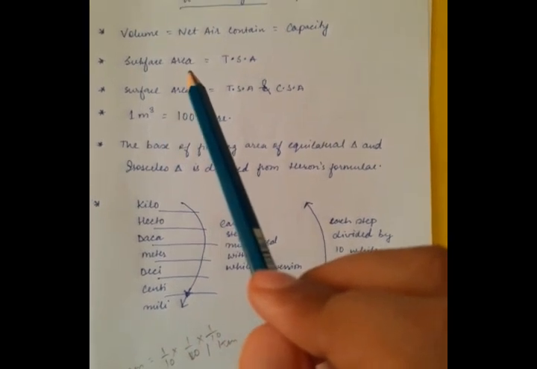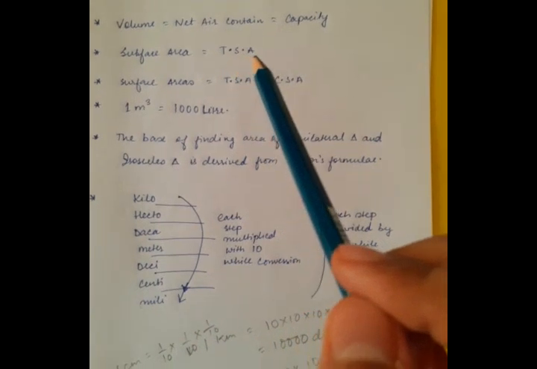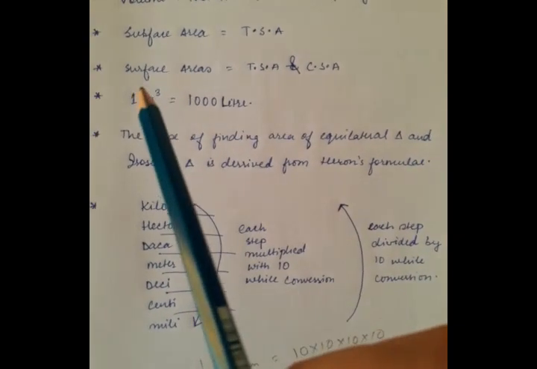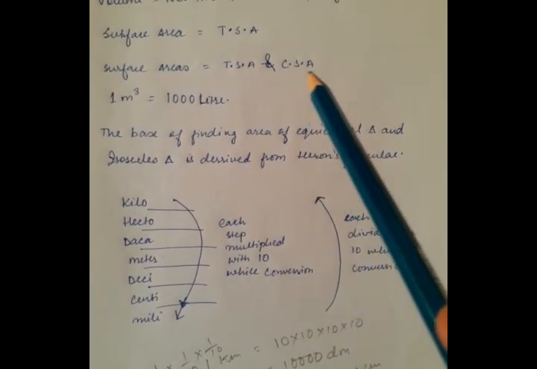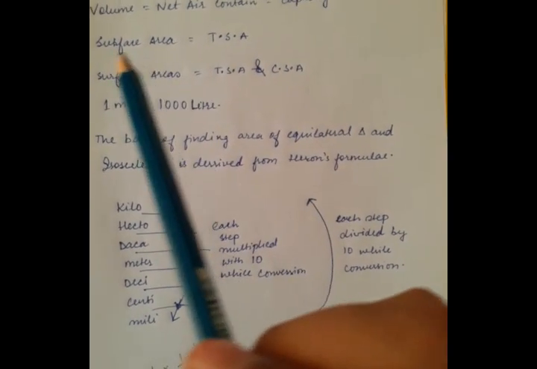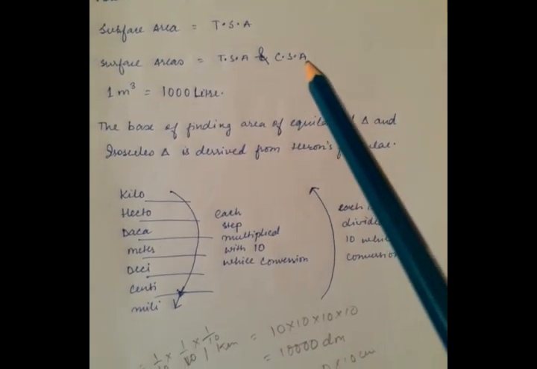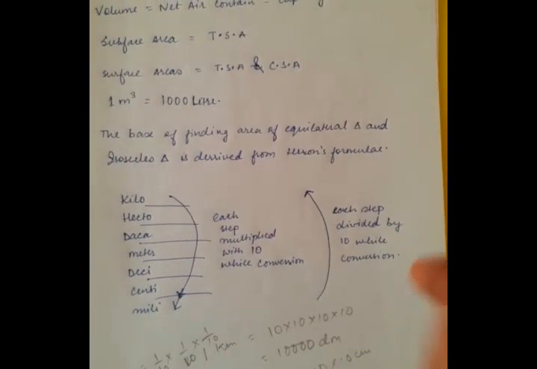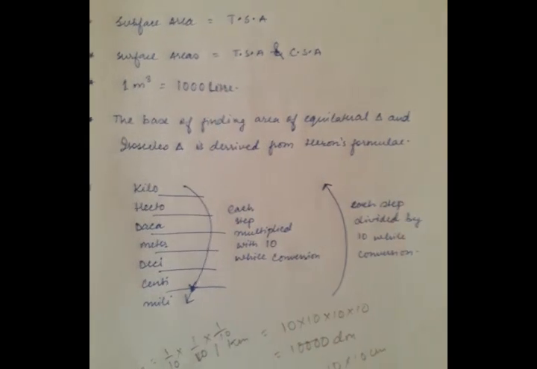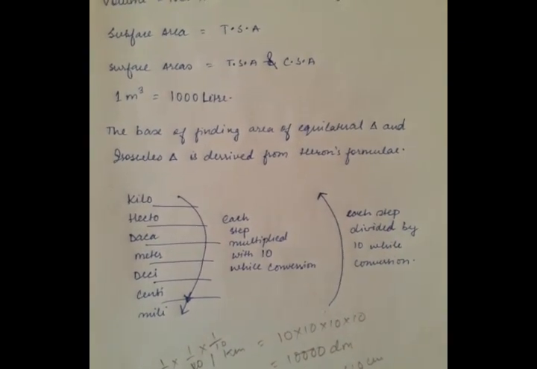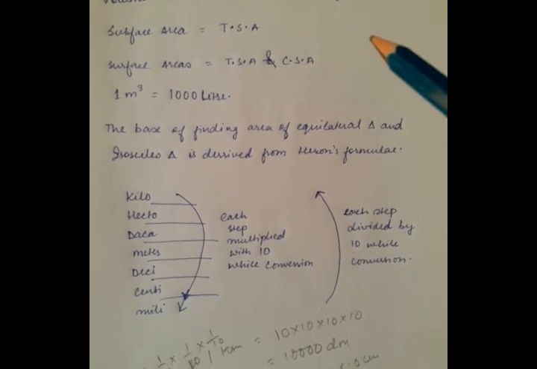If the question says find the surface area, you have to find the total surface area. And be it clear, if it is written surface areas, then you have to find the total surface area and curved surface area as well. And this measurement one must keep in mind, 1 meter cube equals 1000 liter. Often it is asked to find the capacity of the tank which could hold 768 liter.